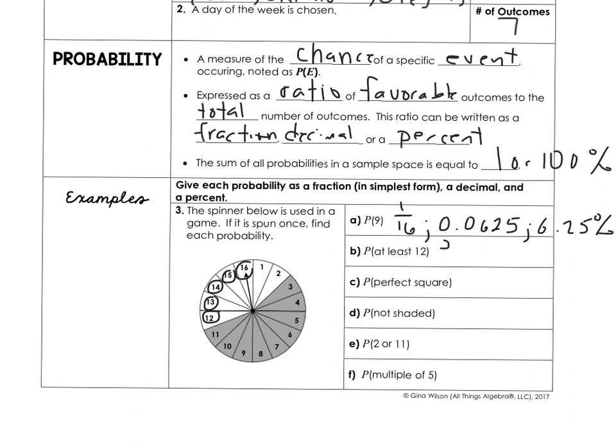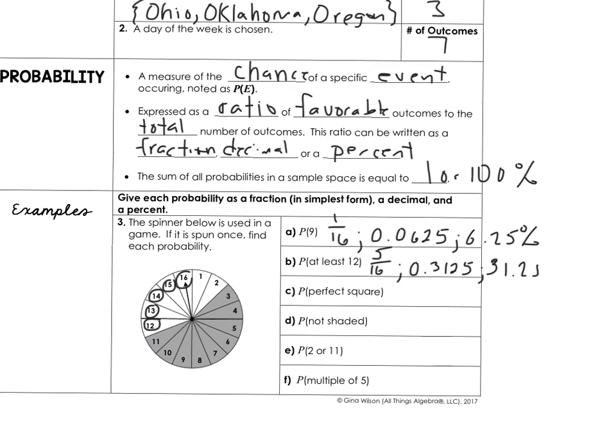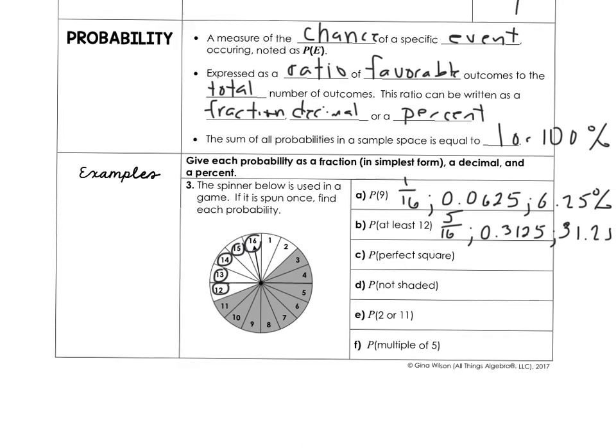So here we would have 5 out of 16 favorable outcomes, which becomes 0.3125 or 31.25%. So if you want to finish those out, you can look at the different probabilities for that.